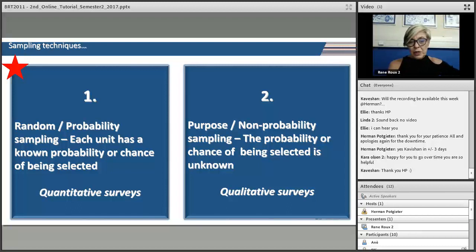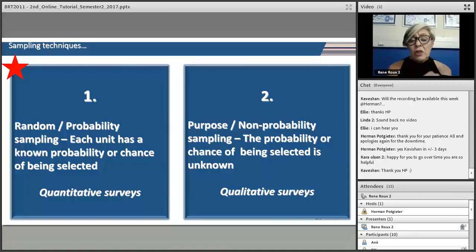Remember earlier I talked about a unit is either individual, family, or business. So each unit has a known probability or chance of being selected. You know that that is the chance that they have of being selected for the sample. Whereas in purpose or non-probability sampling, you don't know what the chance is of being selected.